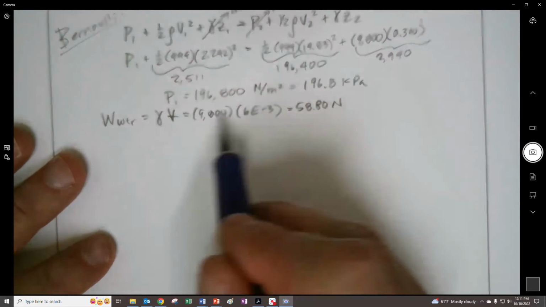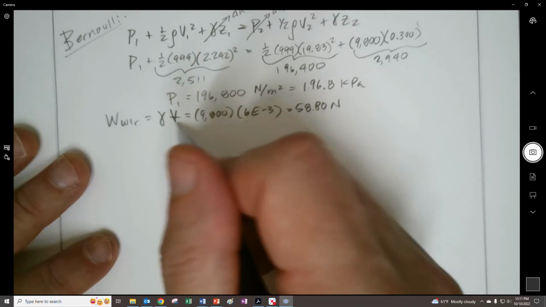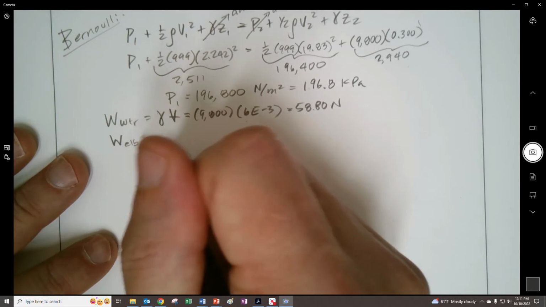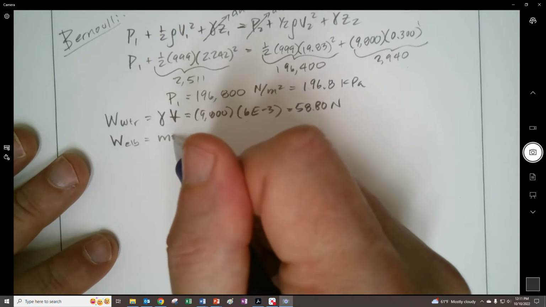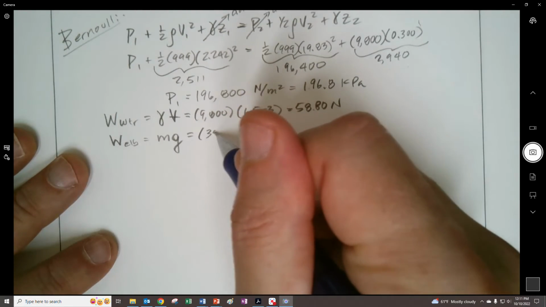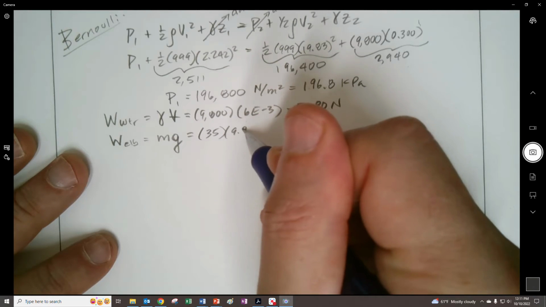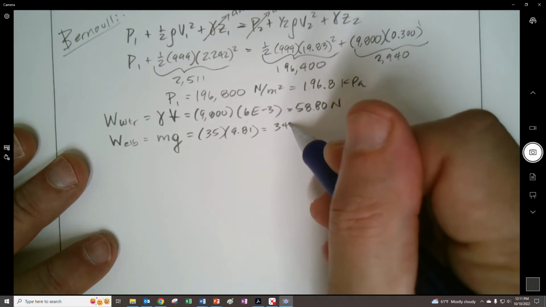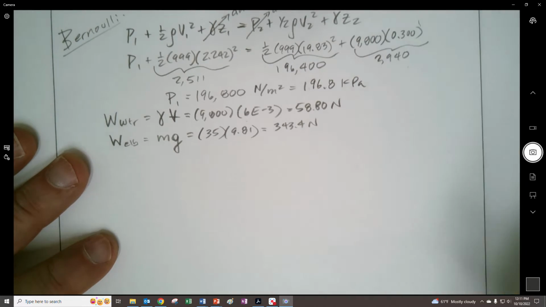That's the volume, there's the specific weight. And we also want to know the weight of the elbow. We were told the mass, so we want to get the actual weight of it. So it's 35 kilograms times the acceleration of gravity, and that ends up being 343.4 newtons.